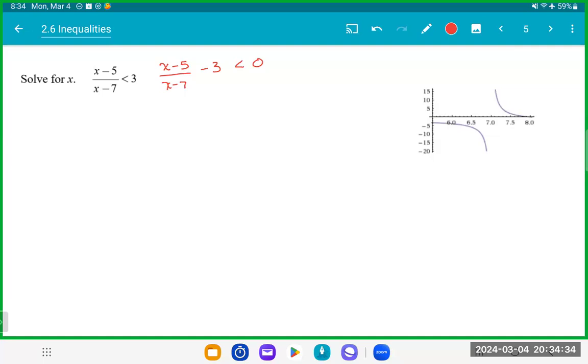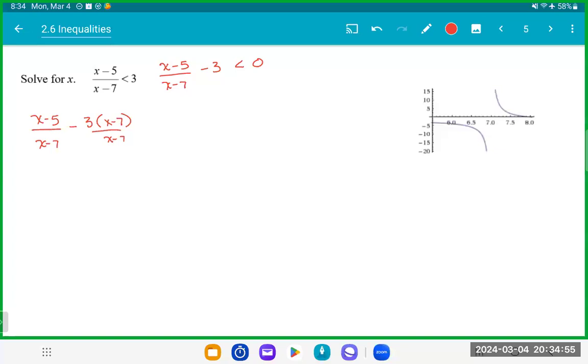Now I need to get a common denominator. So a common denominator would be x minus 5 over x minus 7 minus 3 times x minus 7 over x minus 7, right? Because x minus 7 over x minus 7 is just 1, and we can do that.